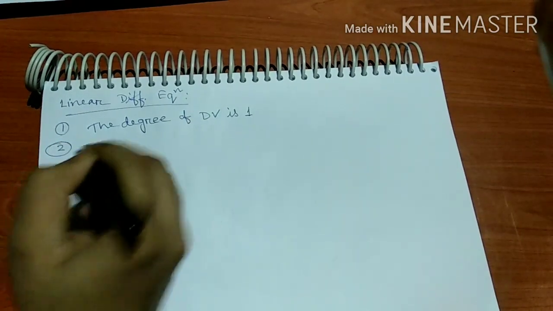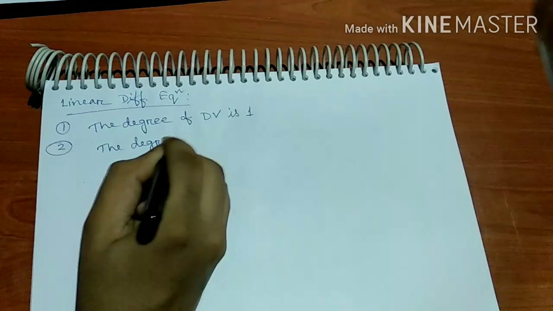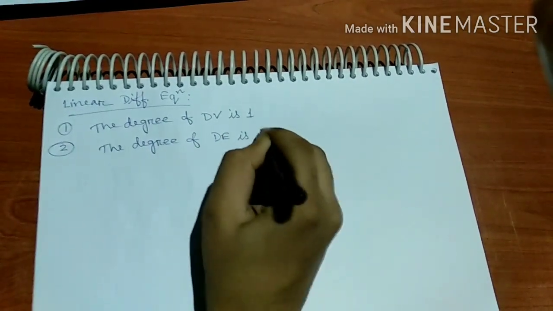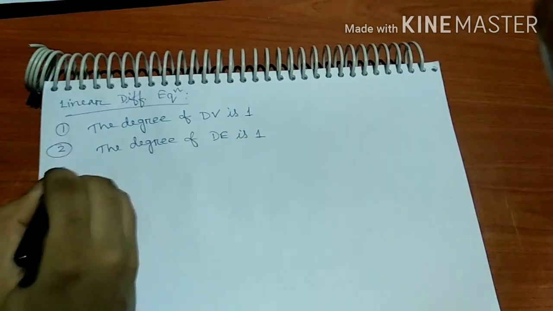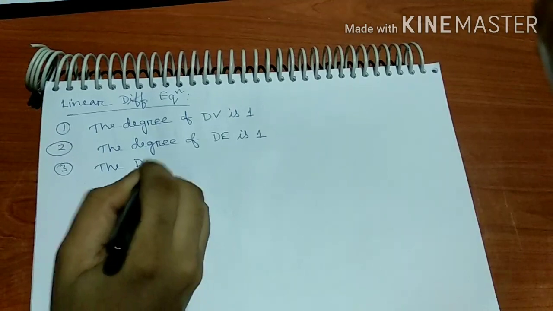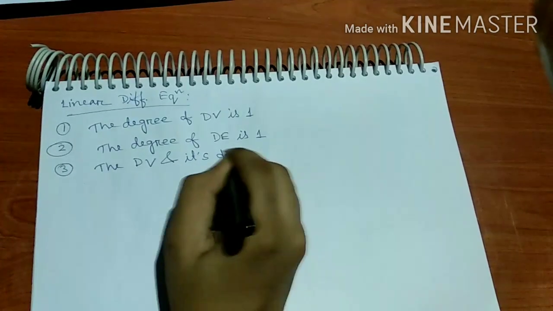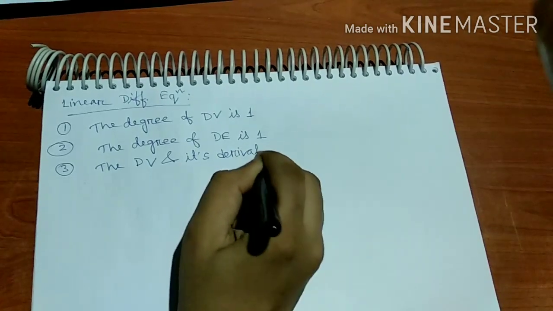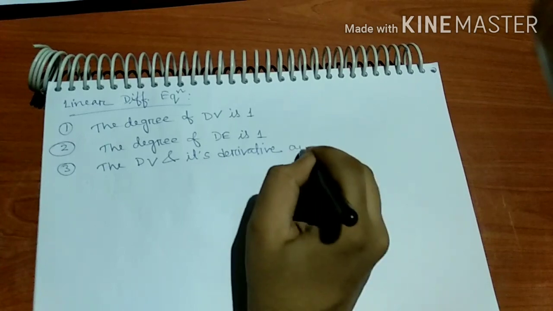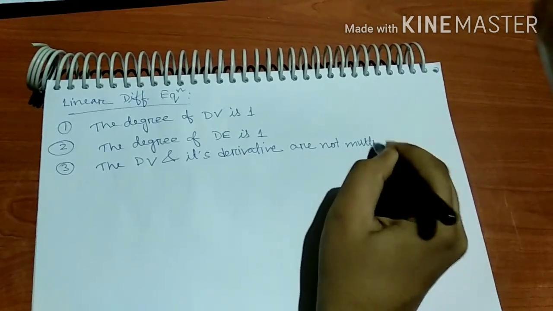Condition number 2, the degree of the differential equation is 1. Number 3, the dependent variable and its derivative are not multiplied.